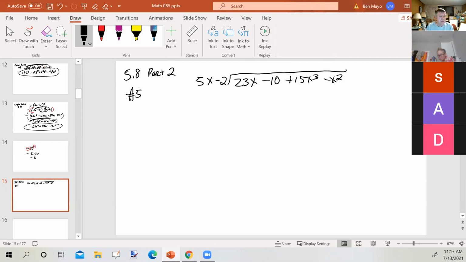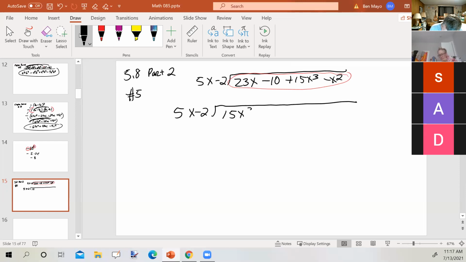Well, right away I can see the first thing we need to do is take the dividend, the stuff inside, and put it in descending or standard form order. So we're going to rewrite that with a 5x minus 2 outside, and inside we're going to have 15x cubed minus x squared plus 23x minus 10. Also note there's no missing terms, so we don't have to put any zeros in there.